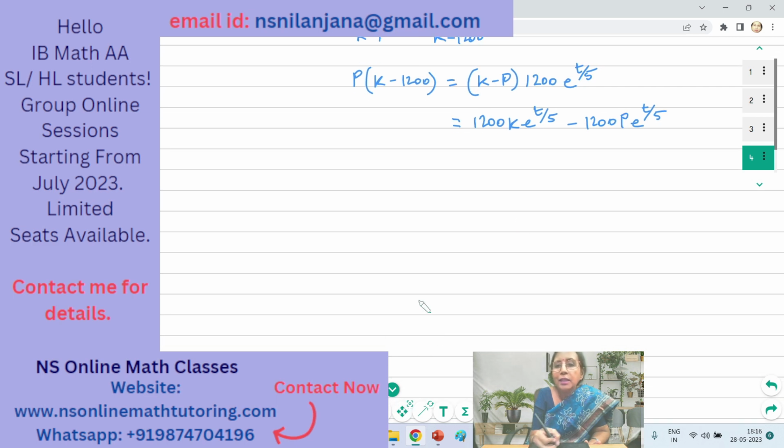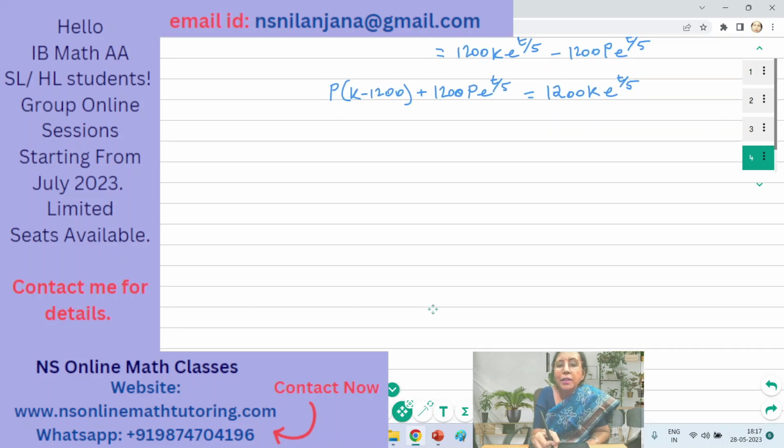Now I add 1200 P e to the power of t over 5 to both the sides to get P times K minus 1200 plus 1200 P e to the power of t over 5 is equal to 1200 K e to the power of t over 5.